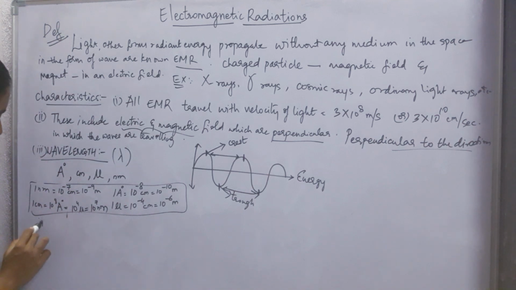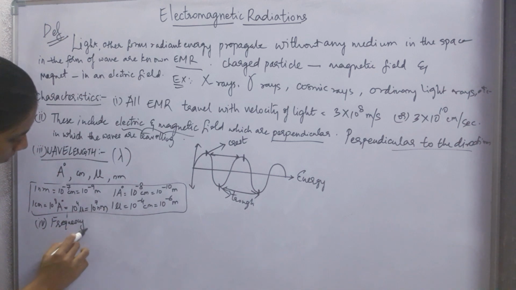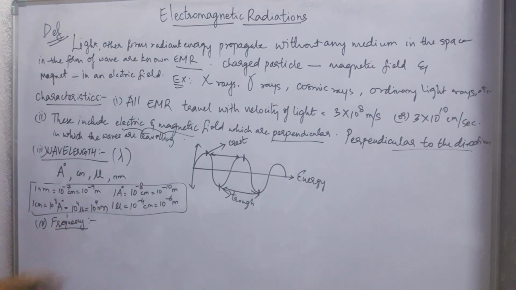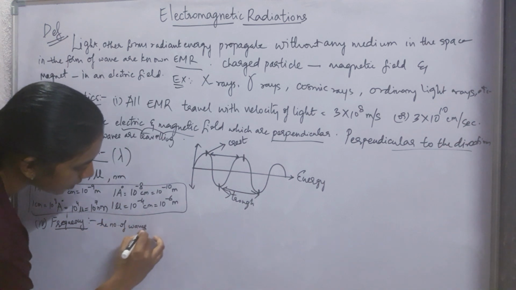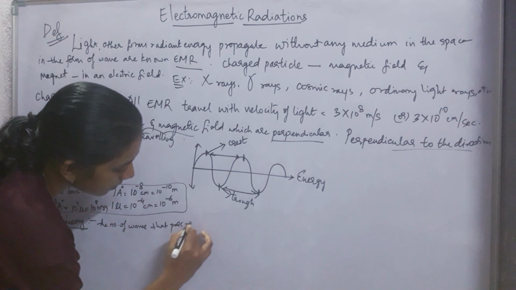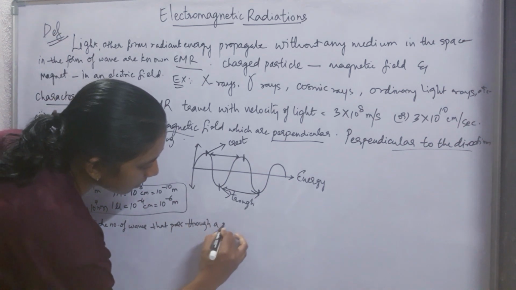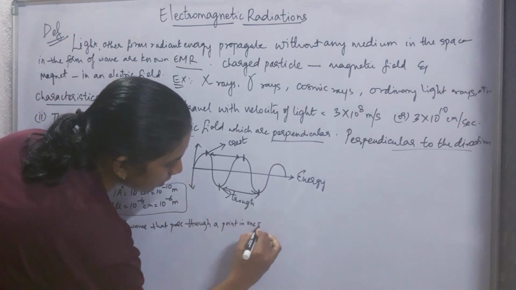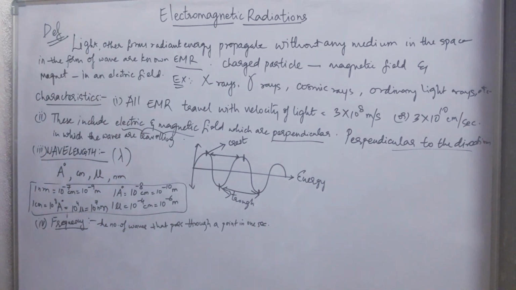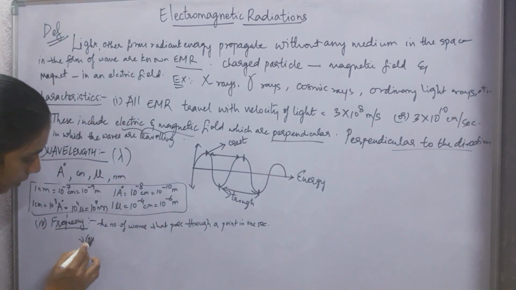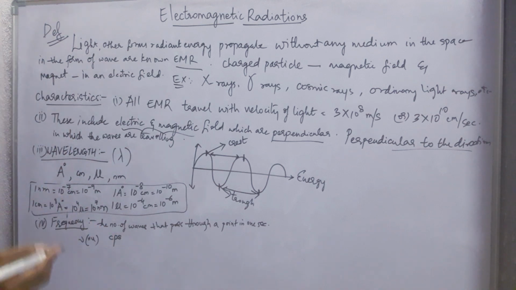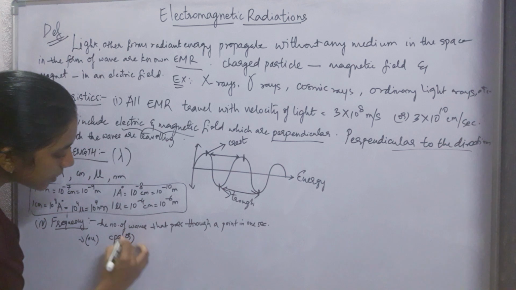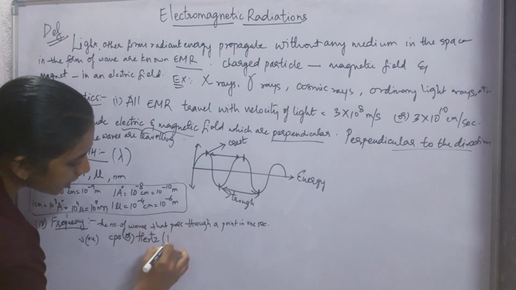Now the fourth characteristic is frequency. Okay, frequency is defined as the number of waves that pass through a point in 1 second. It is denoted as nu. It is expressed in terms of cycles per second or waves per second or hertz, Hz.